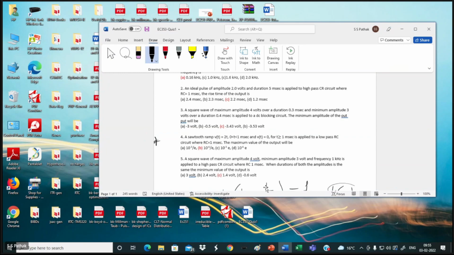Not charging, discharging capacitor. This is DC blocking. That means your time constant is too large. Duration is 0.4 millisecond, but time constant is too large. RC time constant is too large. It is implied there.